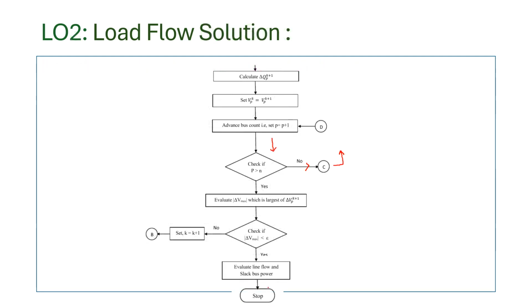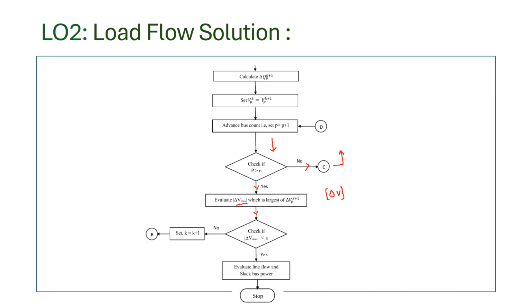Now, if it is the last bus, meaning you have done the calculations for all the buses, then you have to calculate delta V max. As we have seen, we calculate the difference voltage vector for each of the buses, and from that vector you find the maximum difference, delta V max.